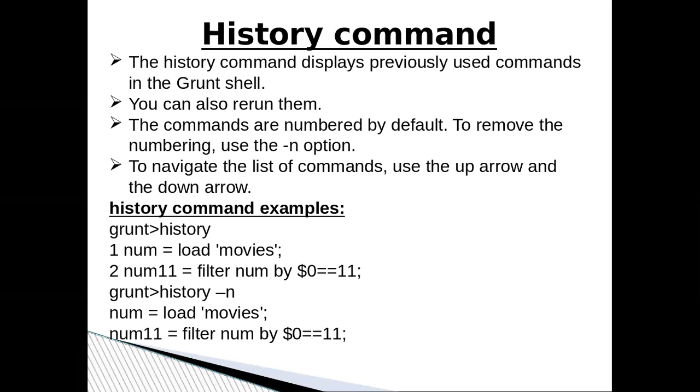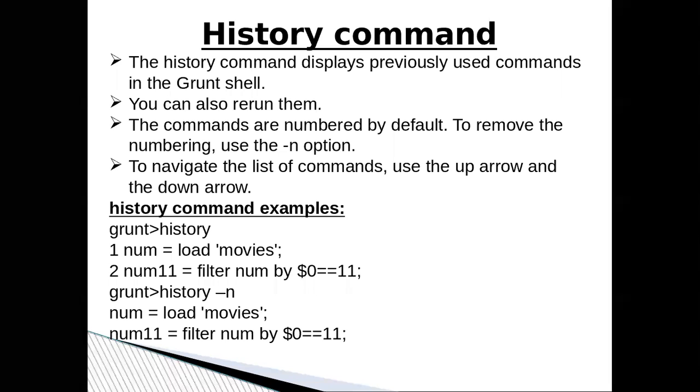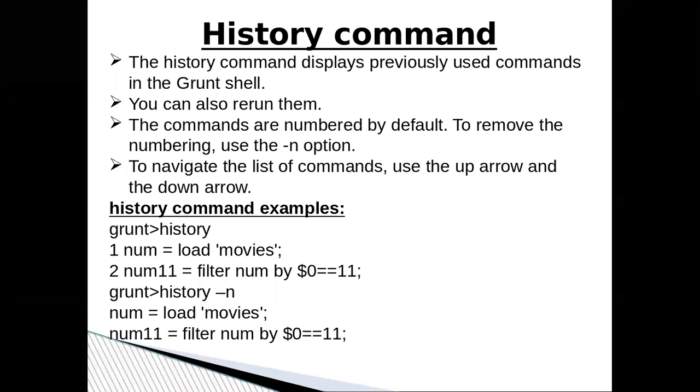The history command is usually numbered, so you can remove the numbering by using the -n option. We will see this command after some time. Once we start using some commands, then I'll tell you how to use the history command and what things you should keep in mind while using it.